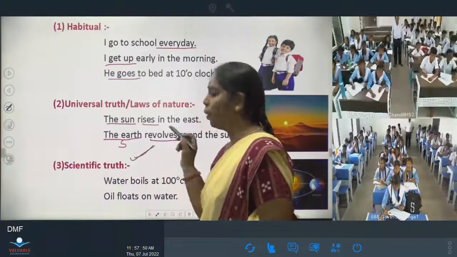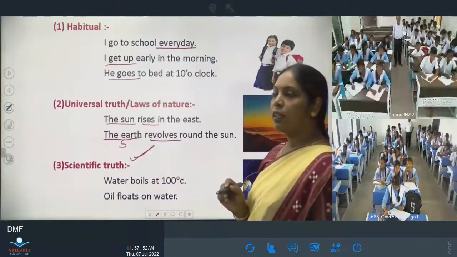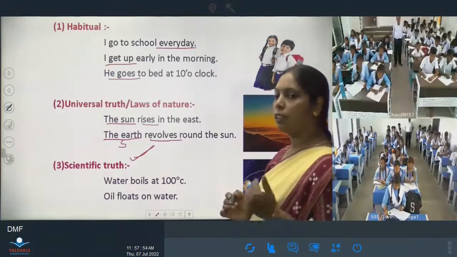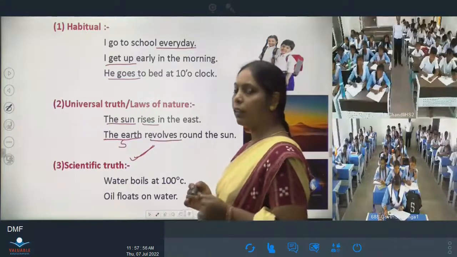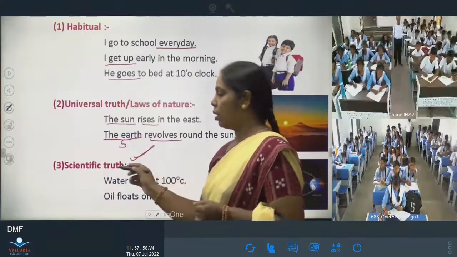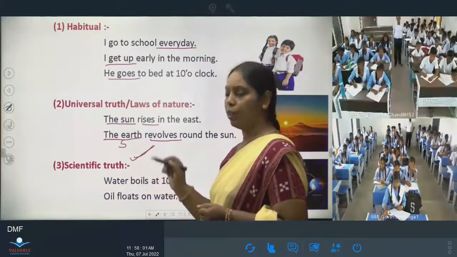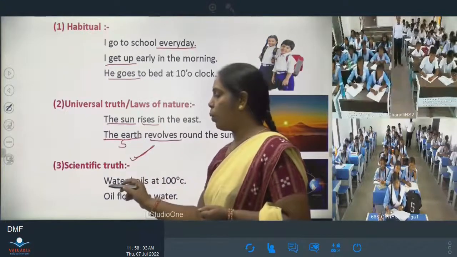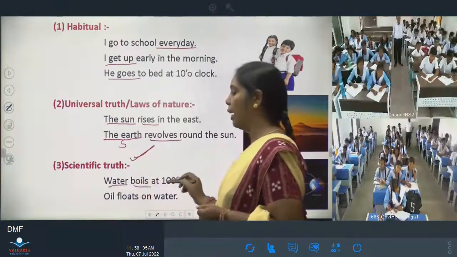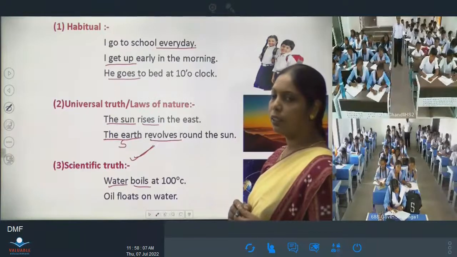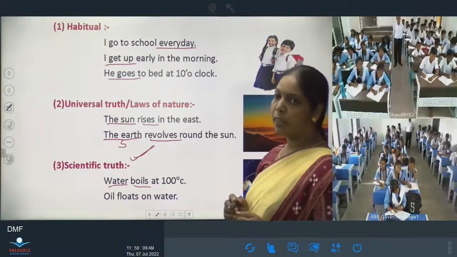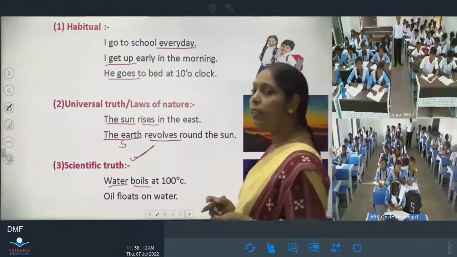Scientific truth. When we state a proved thing which is scientifically proved, in that case we use present simple tense. So water boils at 100 degrees Celsius. Water can't boil at 95 degrees Celsius or 80 degrees Celsius.